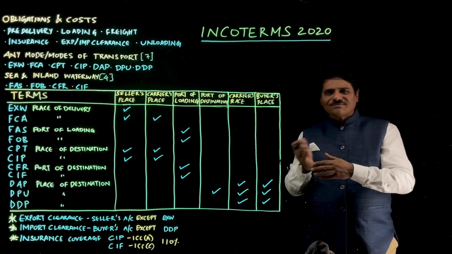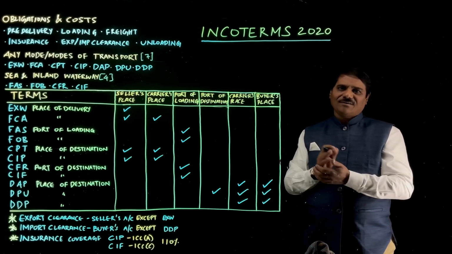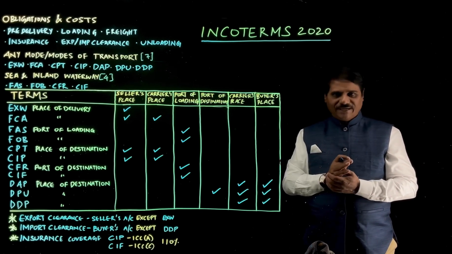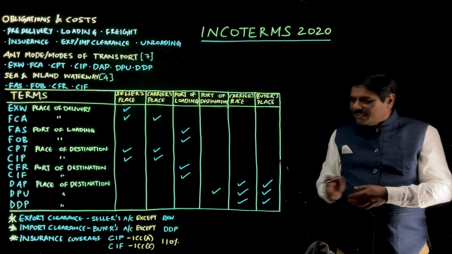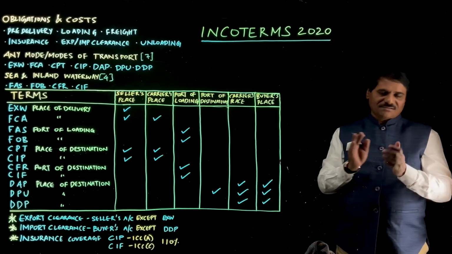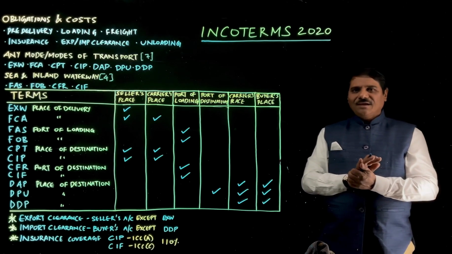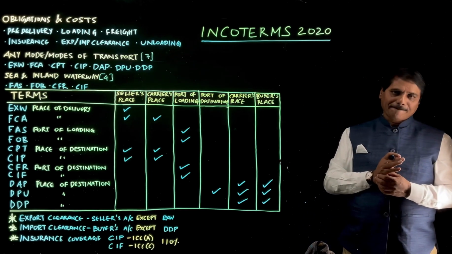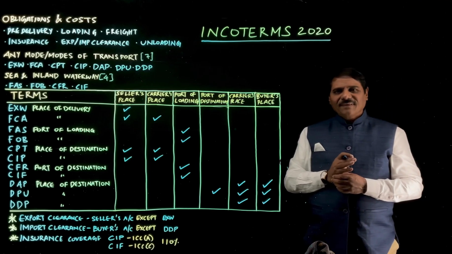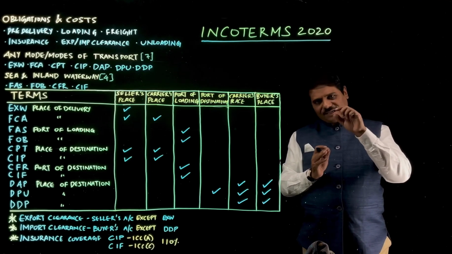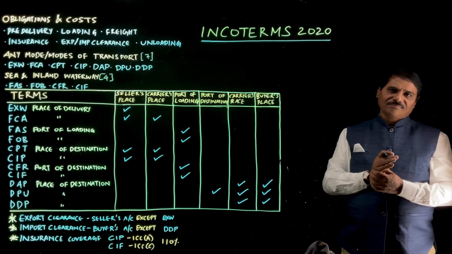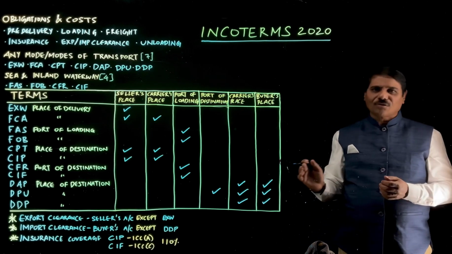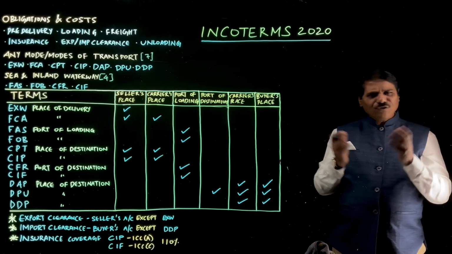In the previous version of Incoterms, that is Incoterms 2010, this difference was not there. Please understand, don't get confused. In the previous version, Incoterms 2010, either in CIP or in case of CIF, the coverage required was ICC C, Institute Cargo Clauses C, if you don't mention anything.